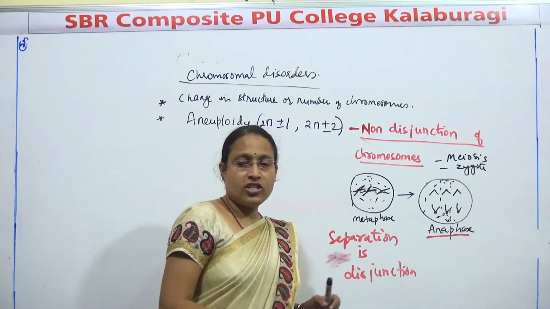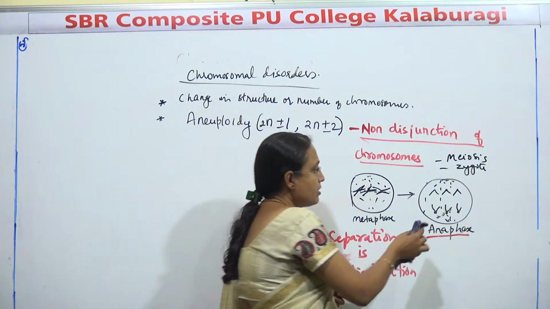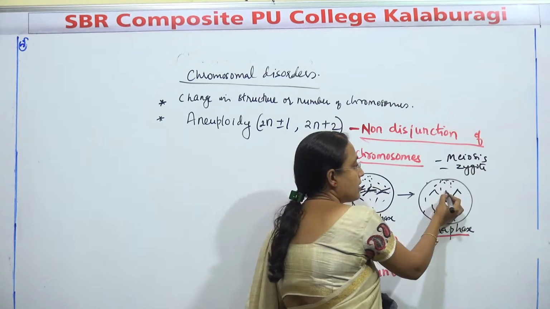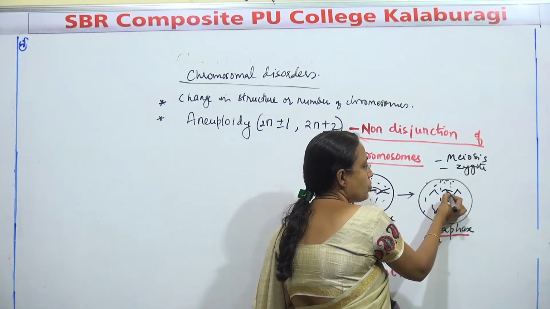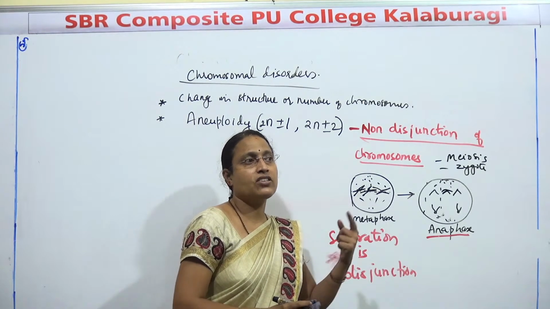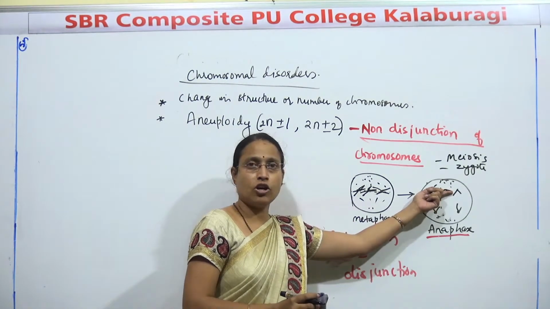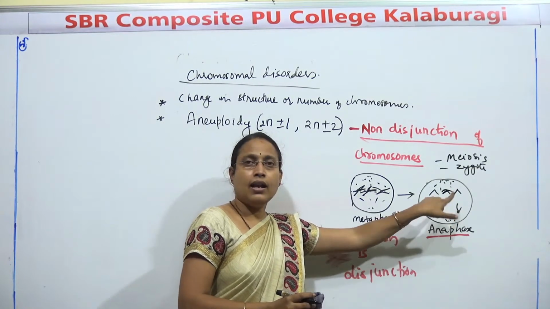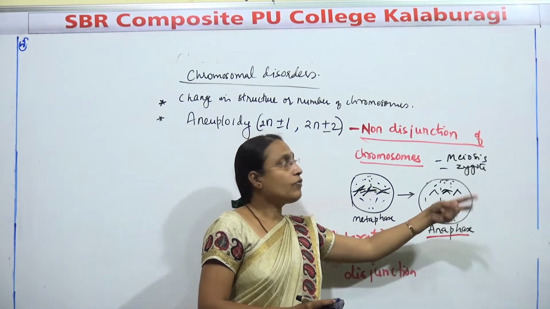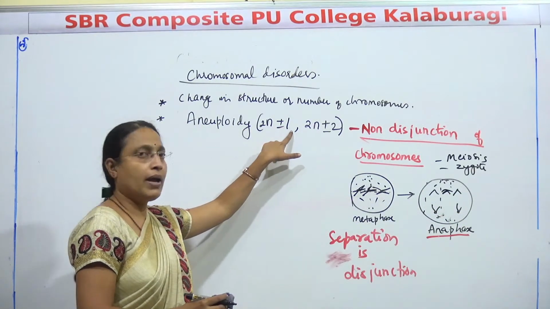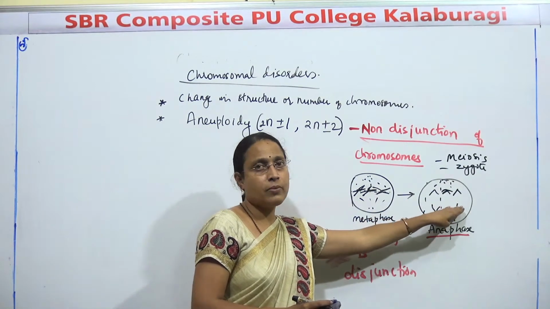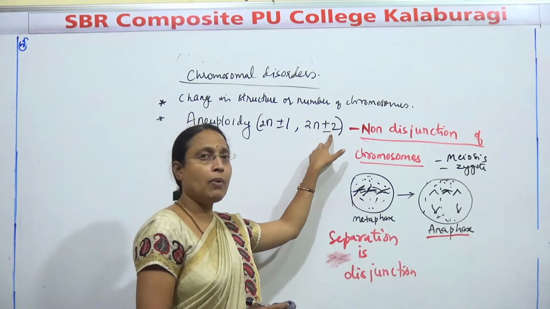So non-disjunction means suppose a chromosome does not separate correctly and instead both chromosomes go to one of the daughter cells. Then one extra chromosome comes to one daughter cell, whereas one less chromosome will be there in the other daughter cell. So it is plus or minus 1. Or at the same time, the other chromosomes also may not separate properly, in which case it will be plus or minus 2.